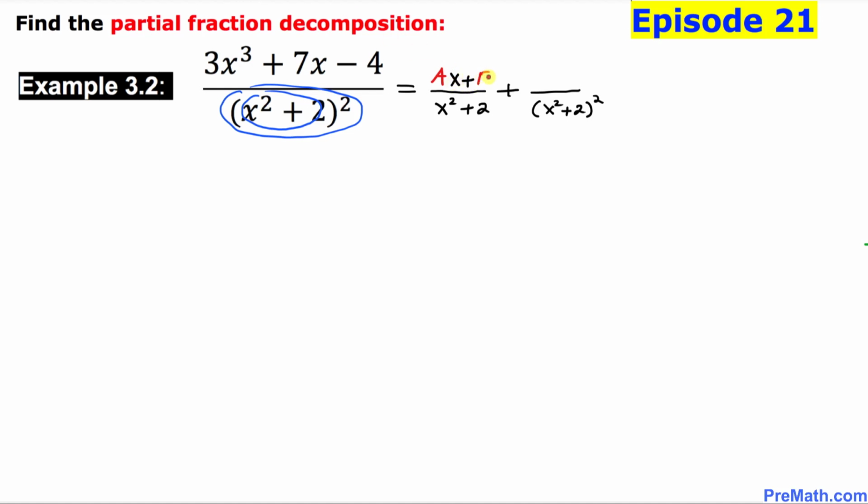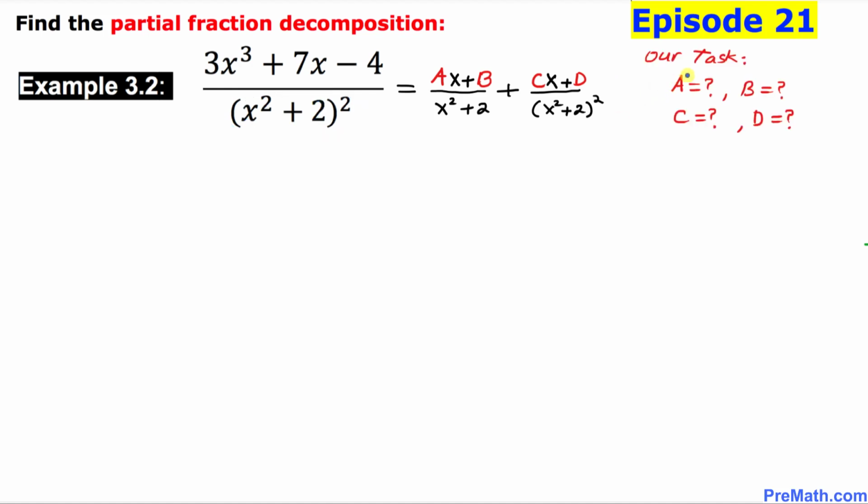Always remember to put this down, and then since we are dealing with another quadratic factor, this is going to become c times x plus d. And now our task is to find the values of constants a, b, c, and d. So let's move on to our next step.